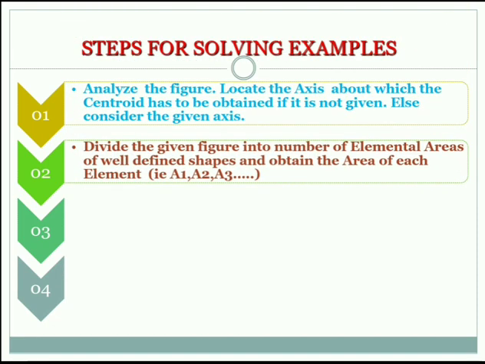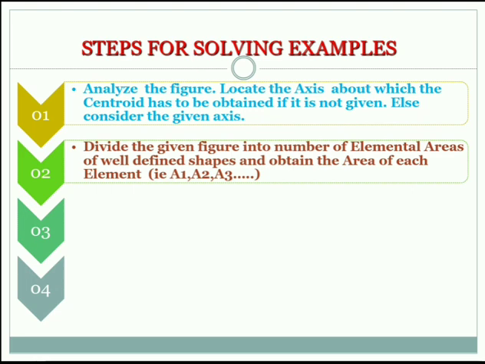Then next, second step: we have to divide the given figure into a number of elemental areas of well-defined shape and obtain the area of each element. For example, if I have a T section, the letter T, it can be divided into 2 rectangles, one horizontal rectangle and one vertical rectangle.